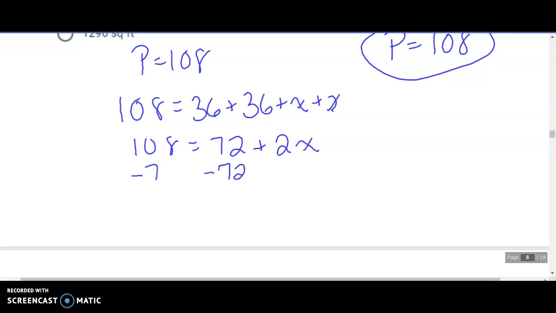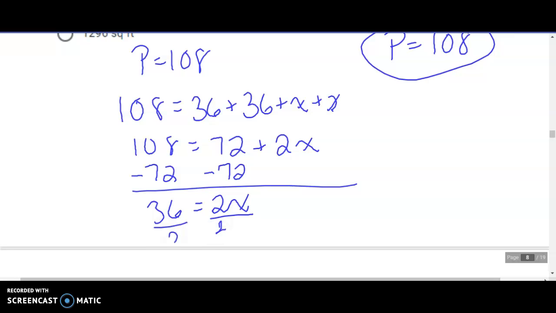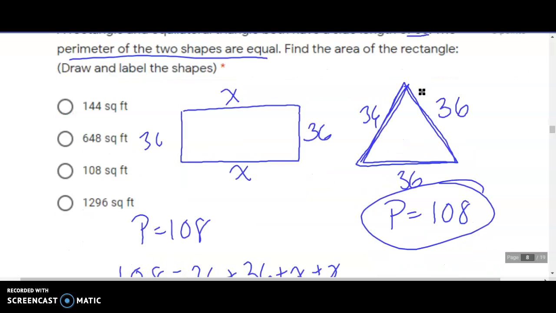First we subtract 72, so we get 36 equals 2x, then we divide by 2, and we find that x must equal 18. Now if we plugged 18 into this, and we did 36 plus 18 plus 36 plus 18, we would get 108.